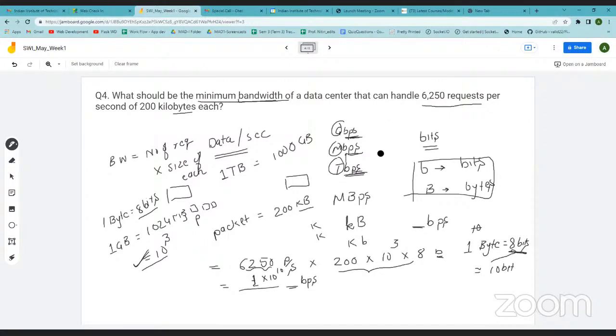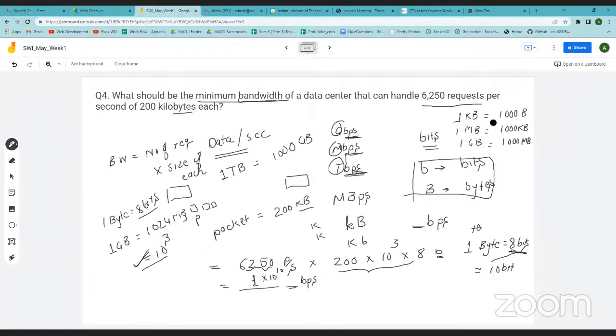Now I'll simply try to write some relations here. 1 kilobyte equals 1000 bytes, 1 megabyte will be equal to 1000 kilobytes, and 1 gigabyte will be equal to 1000 megabytes, right?